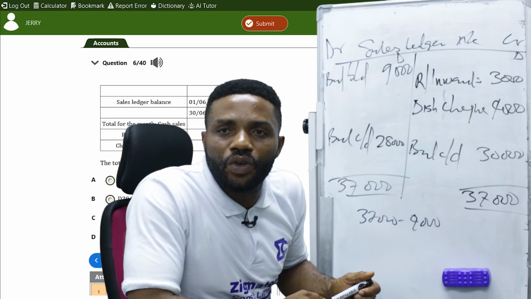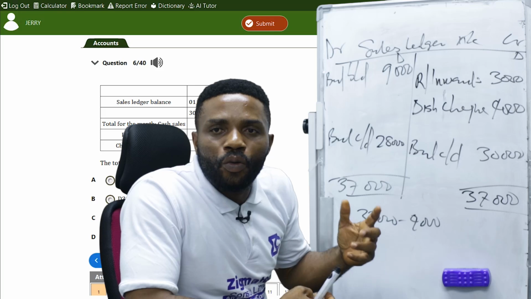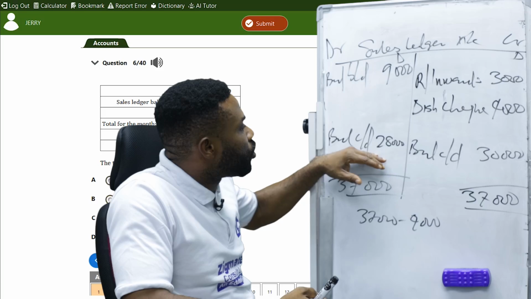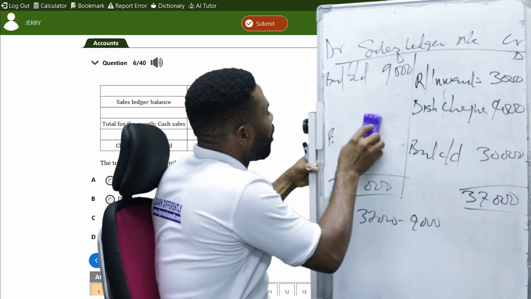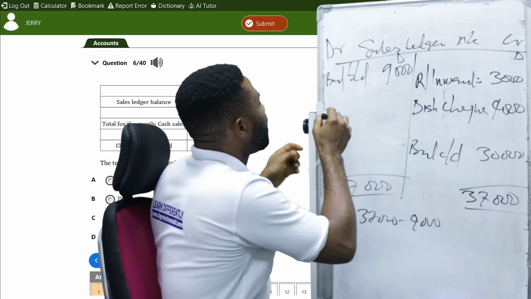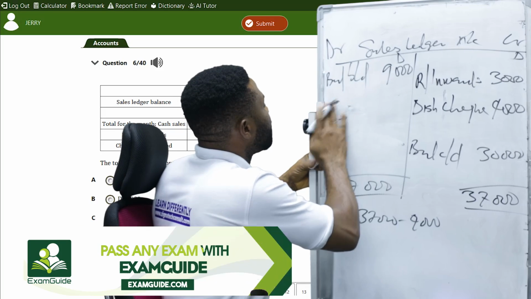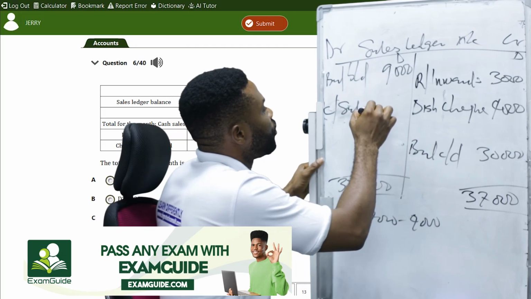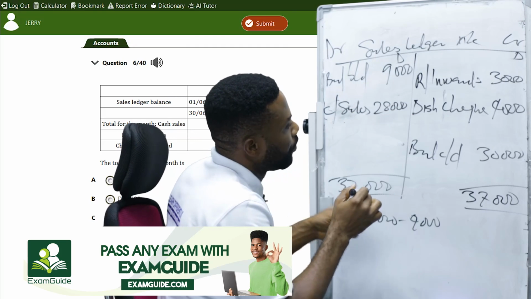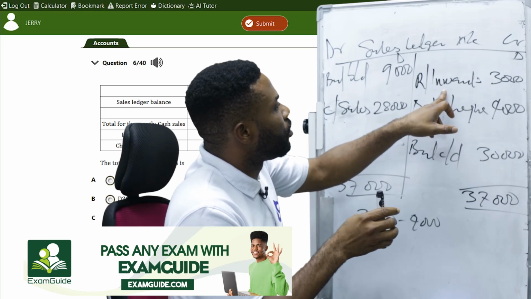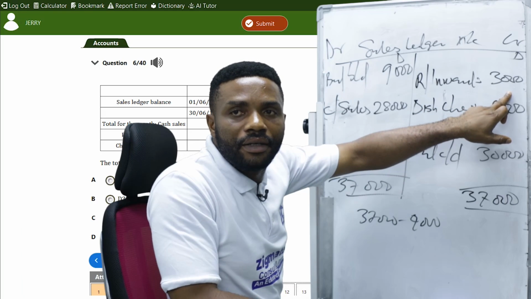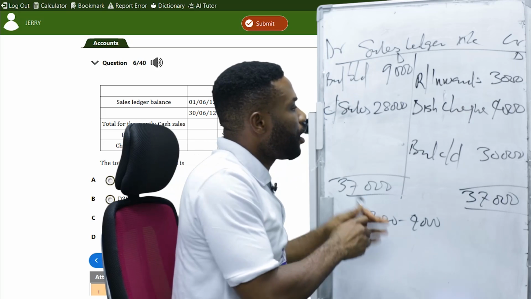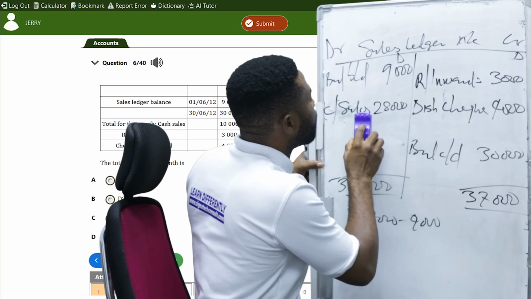So we've already calculated 28,000 to be our credit sales. Your return invoice is 3,000.